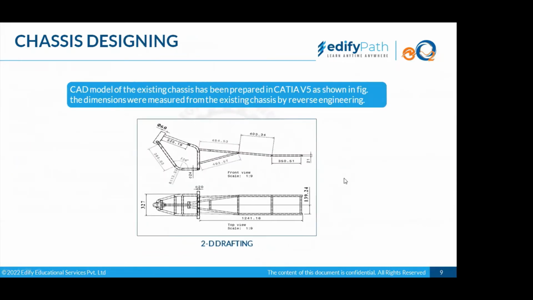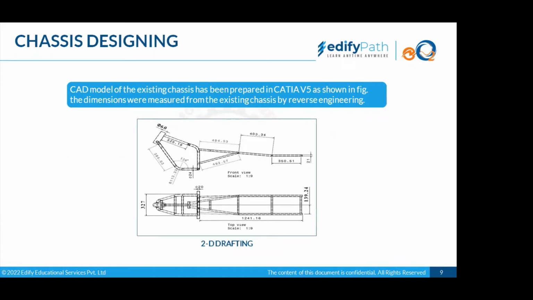Chassis designing: a CAD model of the existing chassis has been prepared in CATIA V5, as shown in the figure. The dimensions were measured from the existing chassis by reverse engineering. This is a CAD drawing of an existing vehicle.